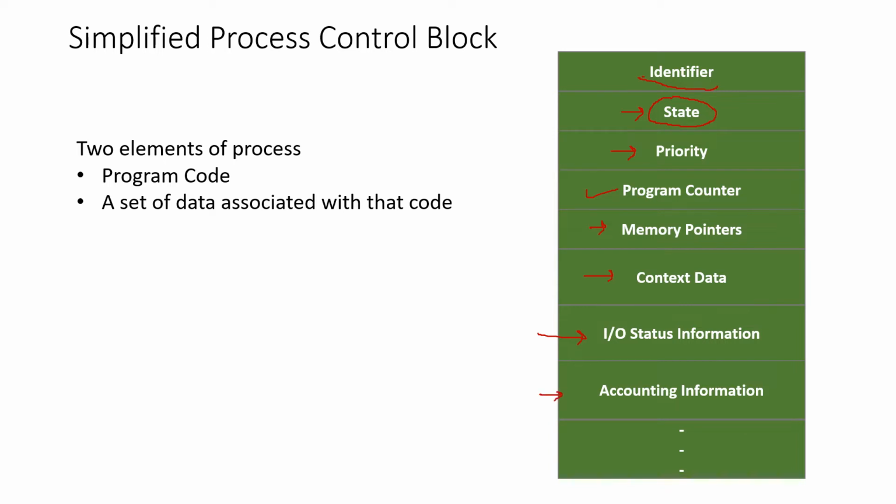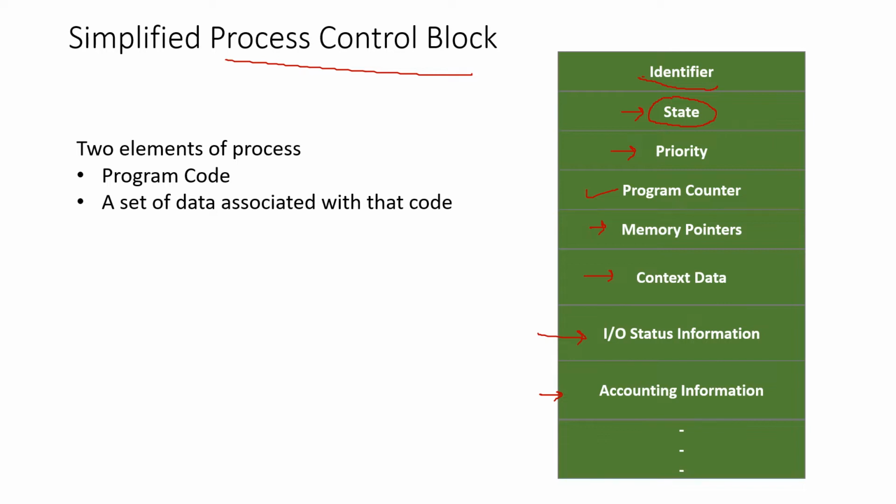And the last one is accounting information. It may include the amount of processor time and clock time used, time limits, account numbers, and so on. The information in the above list is stored in a data structure which is called the process control block. This process control block is not hardware, it's a data structure created and managed by the operating system.